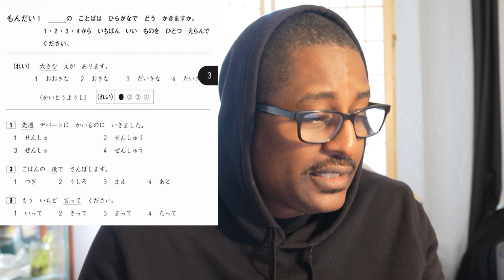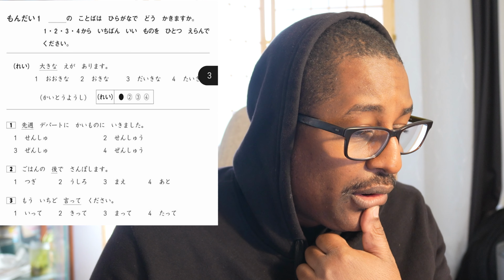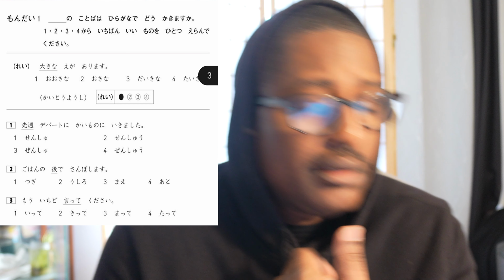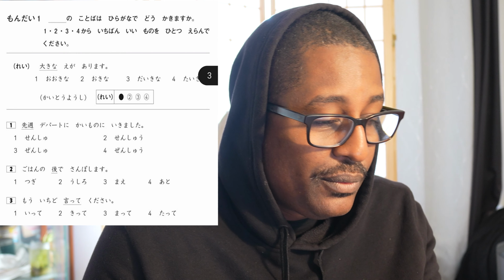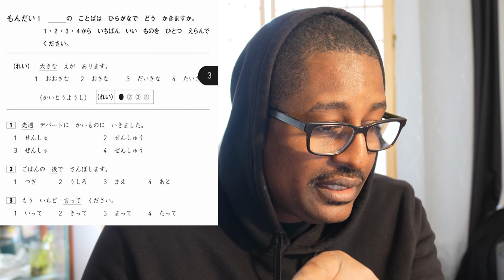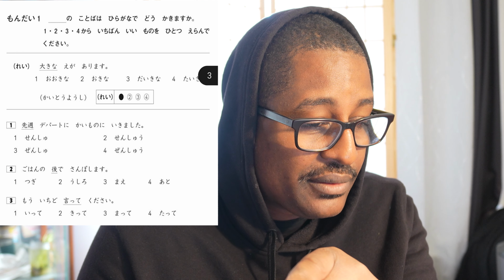And our last one for today, san, is "mo ichido ite kudasai." Now this is a good example of a vocabulary that you should know. I can't tell you, I'll tell you after. So we see this underlined word, right? We have to know what it means, right?